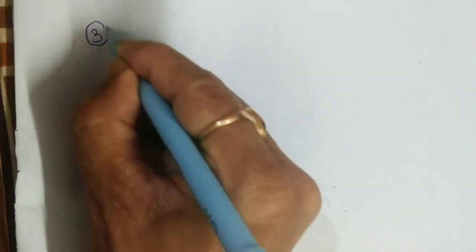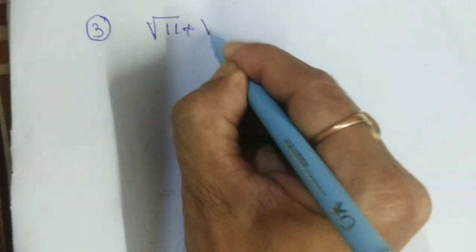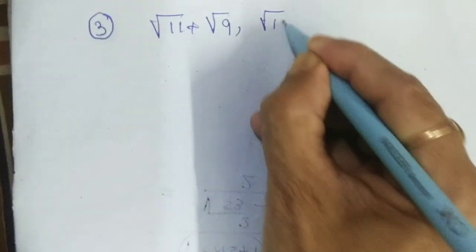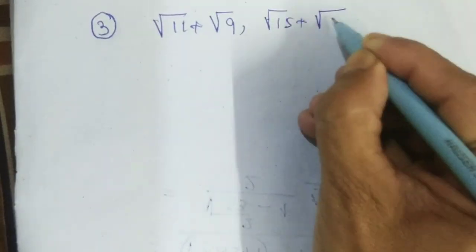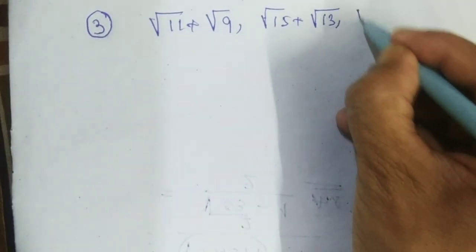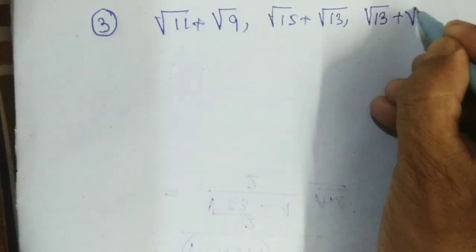Number 3. It is given root over 11 plus root over 9, root over 15 plus root over 13, root over 13 plus root over 12.